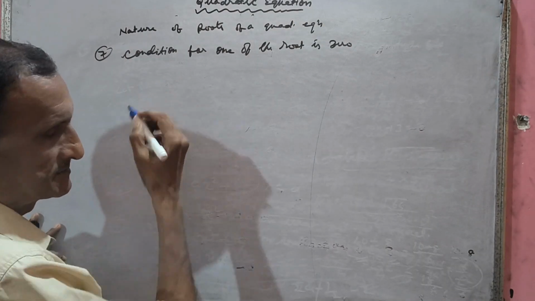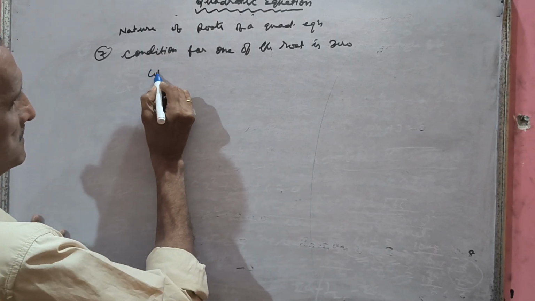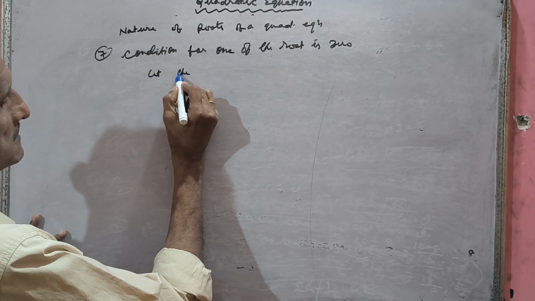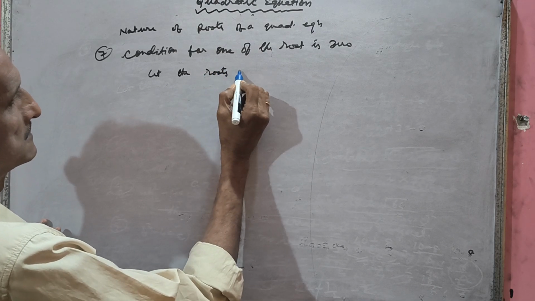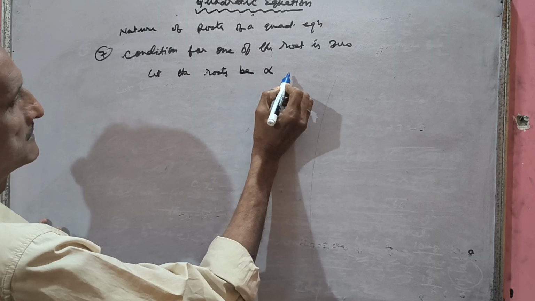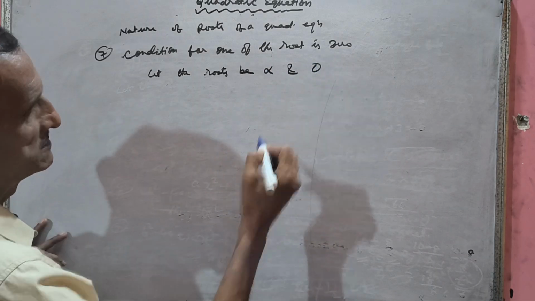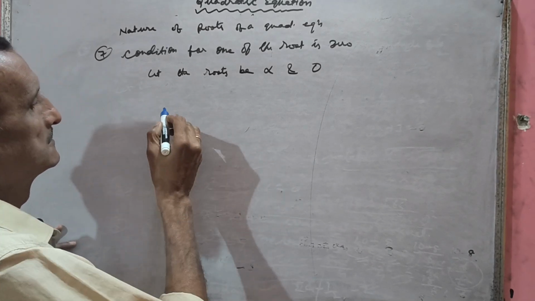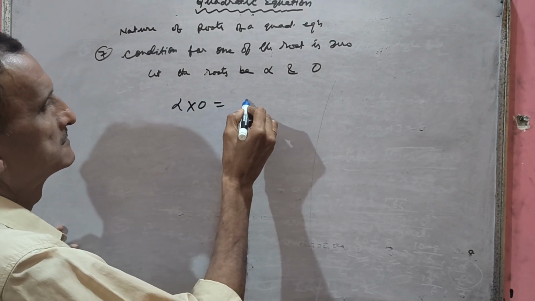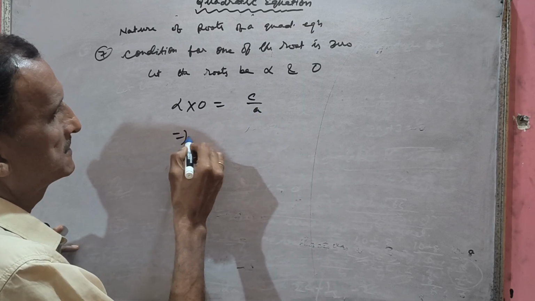Now, let us find out. Let the roots be alpha and alpha is already 0, no? So what is the product of roots?